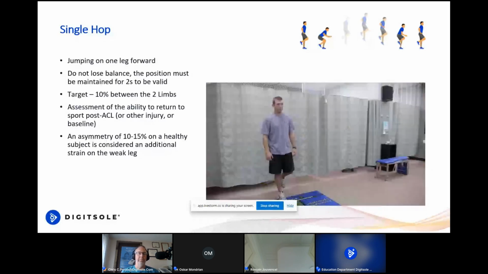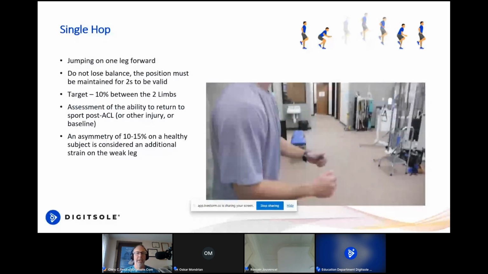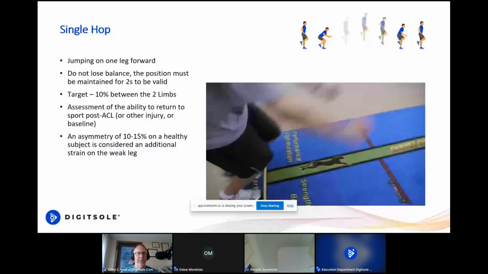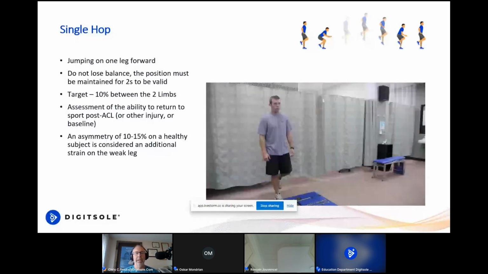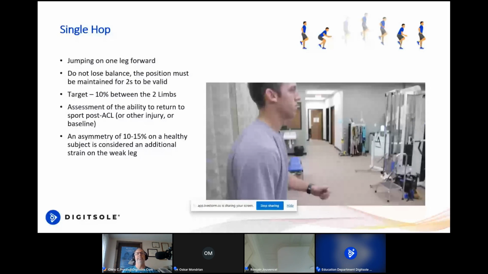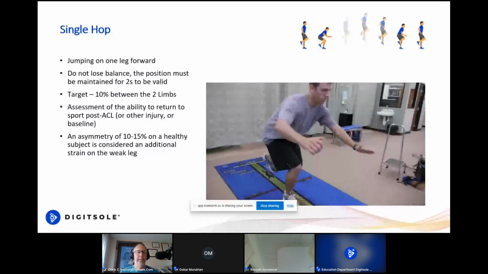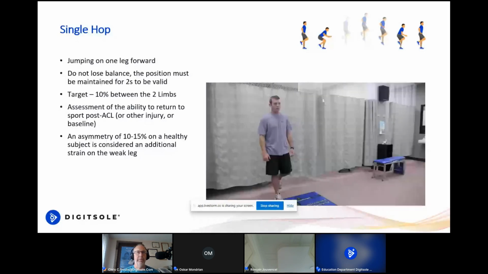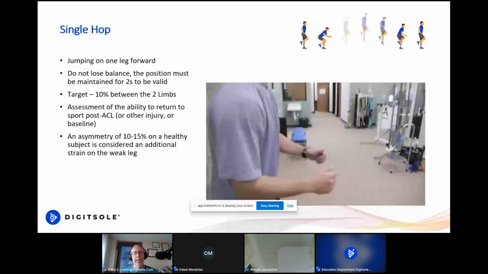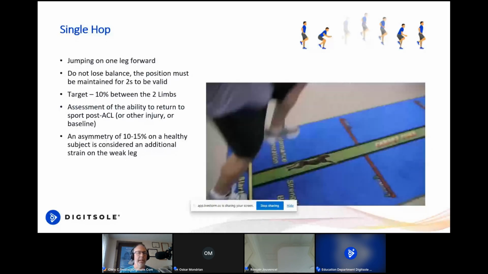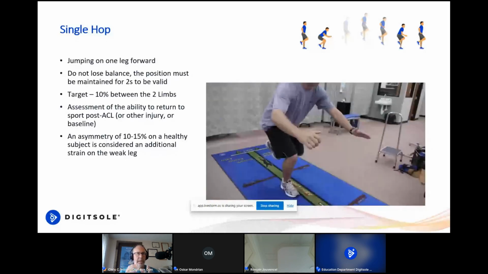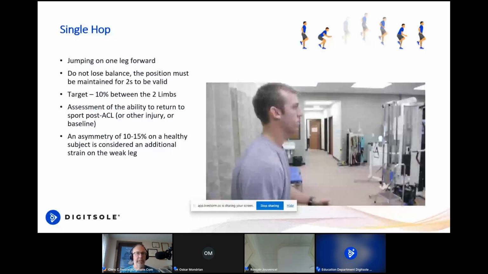It doesn't give us as much data as the triple hop does. It's typically not used as much as a performance indicator, but it is your very typical asymmetry assessment as a return to play characteristic. And of course, what we know now is also a performance indicator predicting of injury.